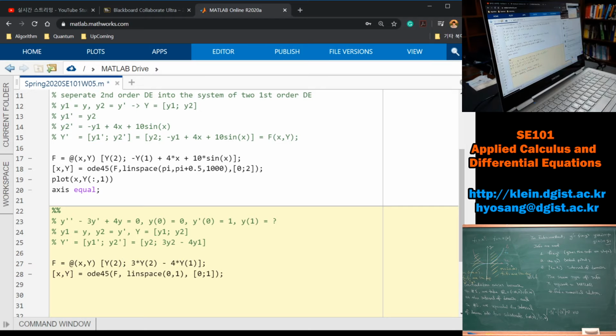So this f is the vertical vector, and I also have to put the initial value as a column vector, 0 semicolon 1, not colon. This is important. Then let's plot x, y. Now I want to plot the value of y, so this is what we want.